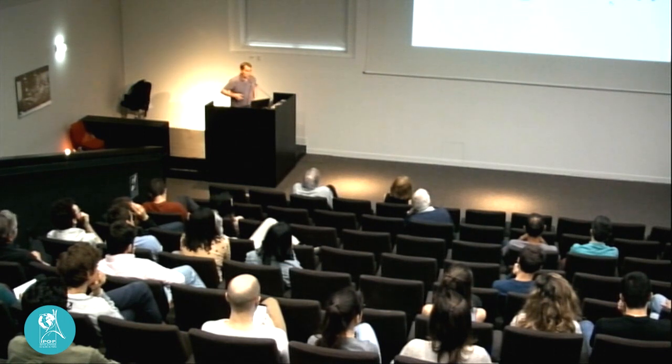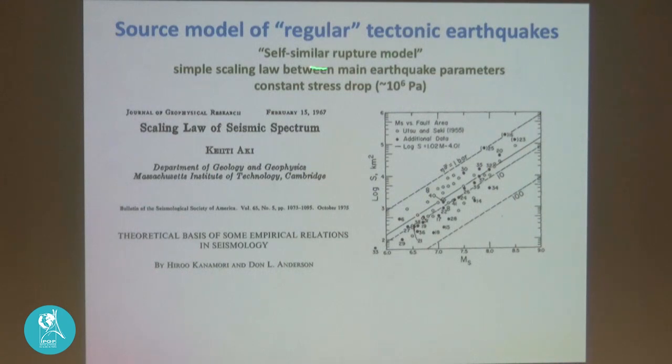And then what is important also for tectonic earthquakes is the existence of simple scaling laws between main earthquake parameters such as seismic moment, source duration, source size, and so on. And this has been established already many years ago by these authors.